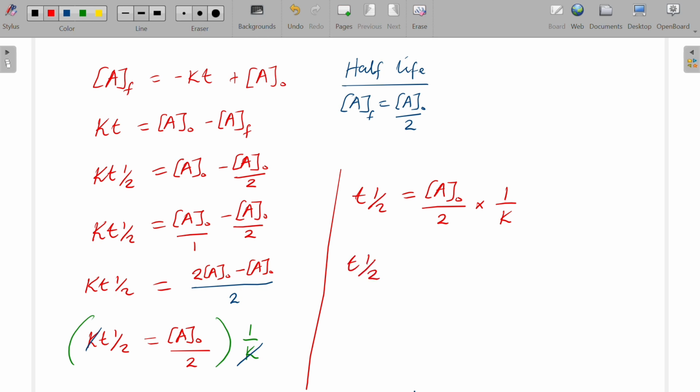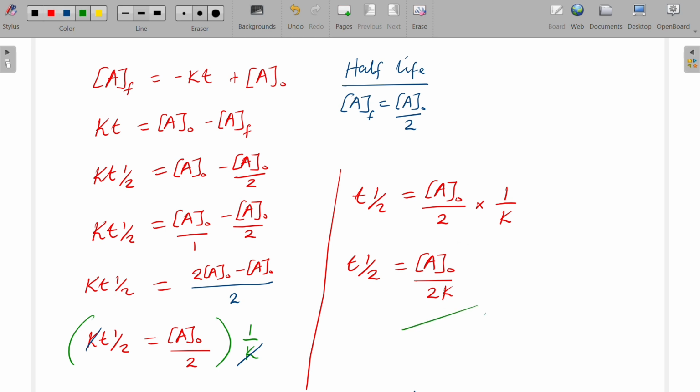So T half is equal to, now when you multiply the initial concentration over 2 by 1 over K, this will just give us the initial concentration on top there, and this 2 is multiplying by K. The initial concentration here is multiplying by 1, and then 2 is multiplying by K. So we'll have the initial concentration on top, then 2 by K giving us 2K down there.